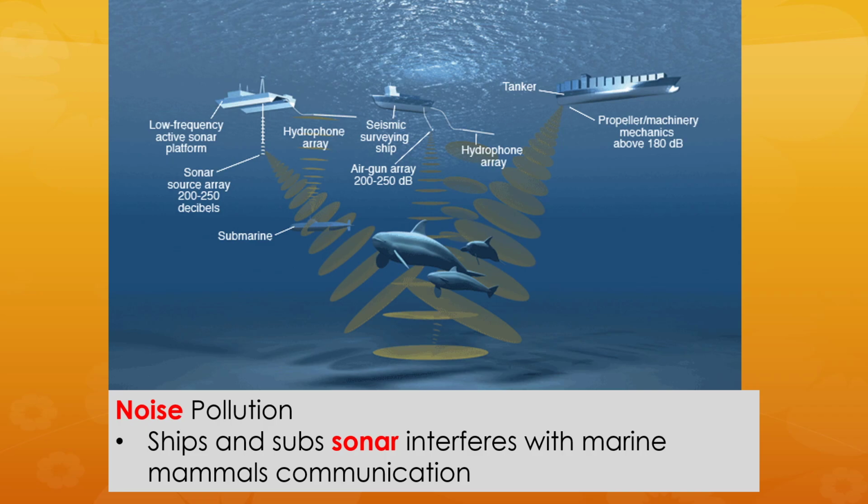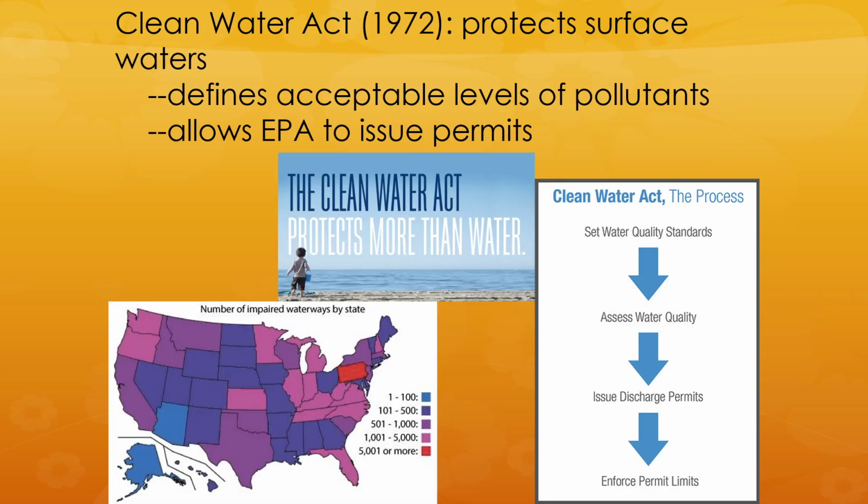Now we're also looking at noise pollution. We learned a little bit about noise pollution in our last unit. The reason noise pollution is coming up again is because we're talking about aquatic pollution, and noise pollution can come from ships and subs which have sonar, and that can actually interfere with marine mammals' communication. We'll talk a little bit about the Clean Water Act of 1972, which protects surface waters.